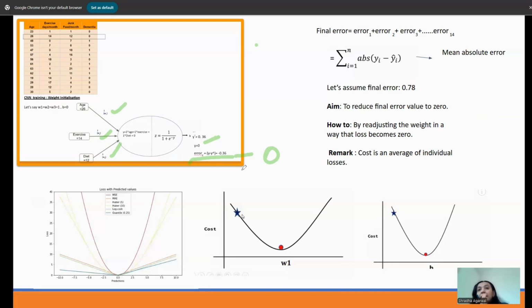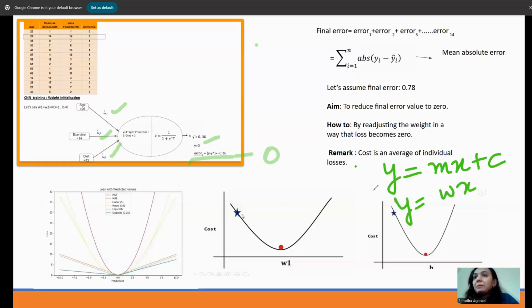That means now the concept of partial derivative is coming. How you have y is equal to mx plus c, or your y is equal to wx plus b.